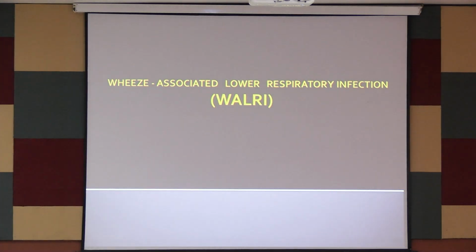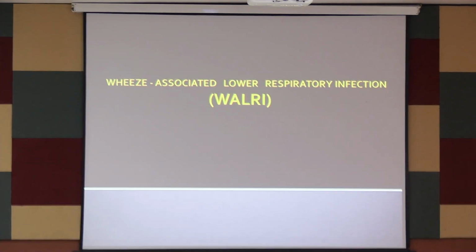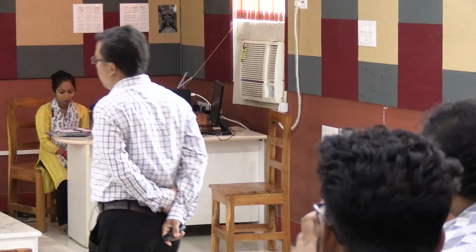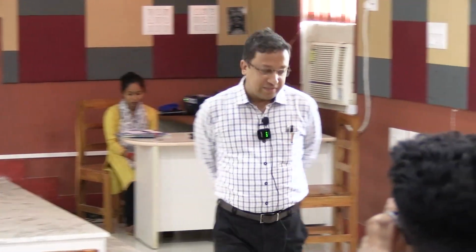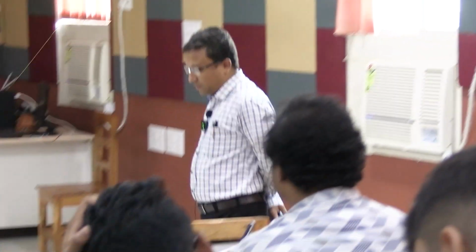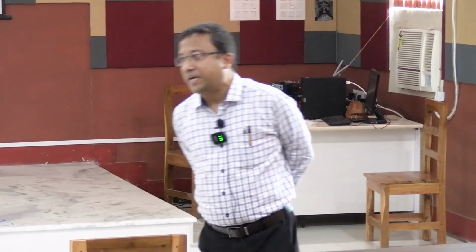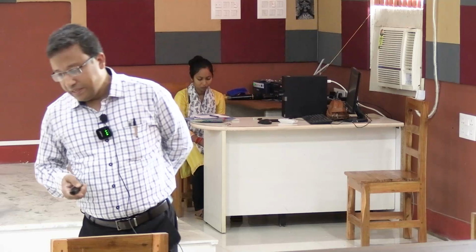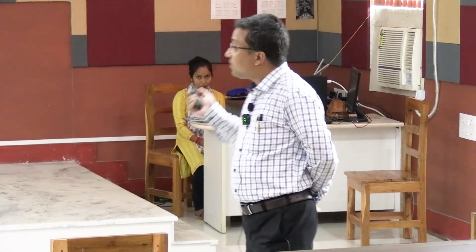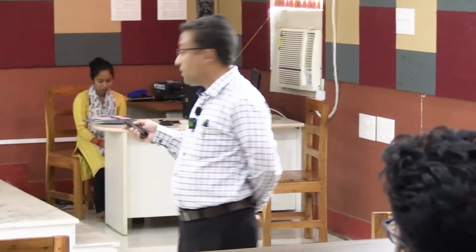Next, coming to the next topic, that is wheeze associated lower respiratory infections. This also presents like bronchiolitis, but remember, when any child comes with a first episode of wheeze, that is termed bronchiolitis. But when the same child comes with recurrent wheezing, the terminology will be wheeze associated lower respiratory infections.